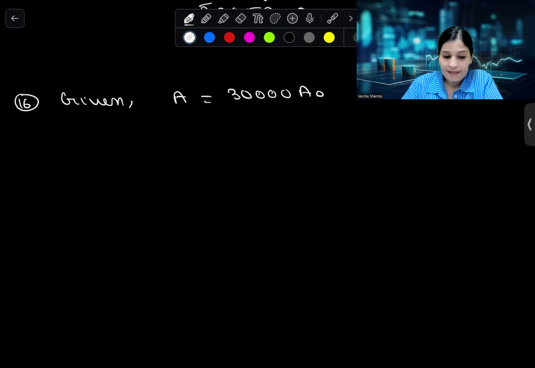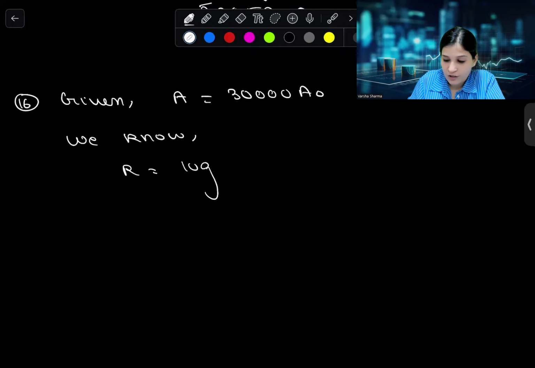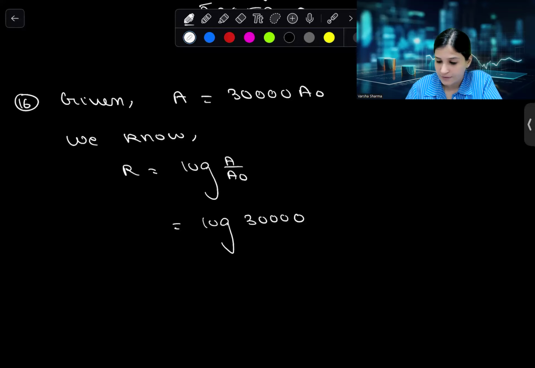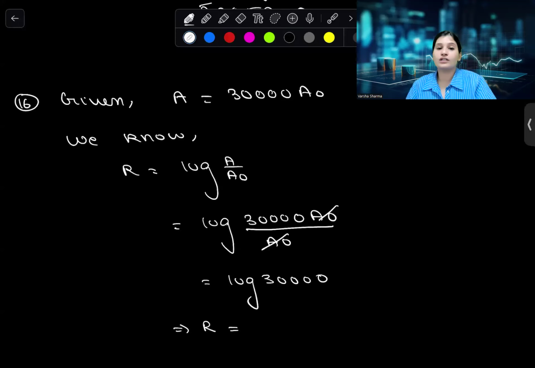And we are given R is log A by A0, base 10, obviously. Instead of A, we are writing 30,000 A0 by A0. This is log 30,000. So we need to do nothing, just find log 30,000.